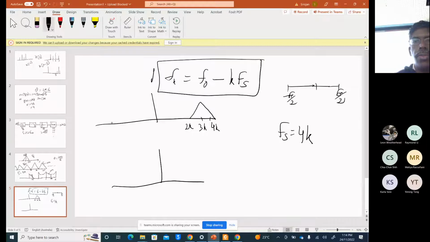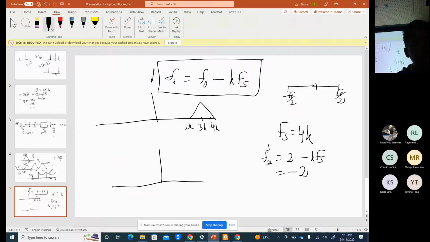The 2K frequency, dash, equals 2 minus K times fs. So that is actually minus 2. Okay, and so if we have 4K as the sampling frequency, it is centered at 2.